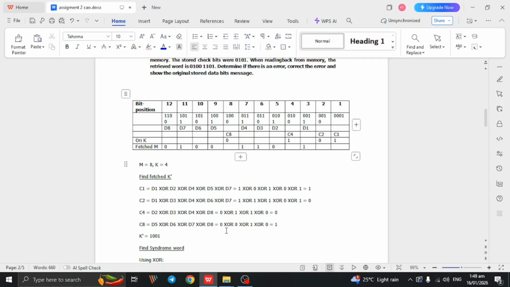So we make it 0 XOR 1 XOR 1 XOR 0 equals 0.